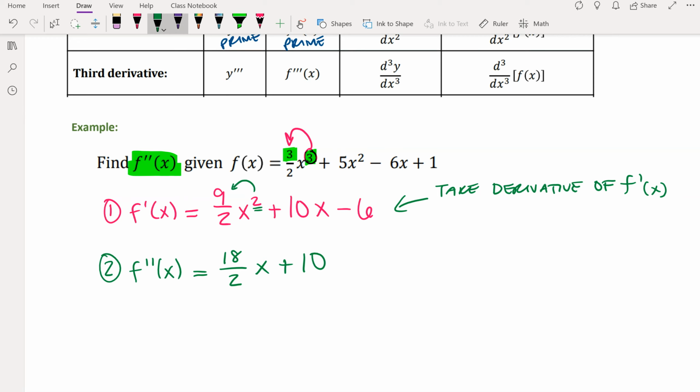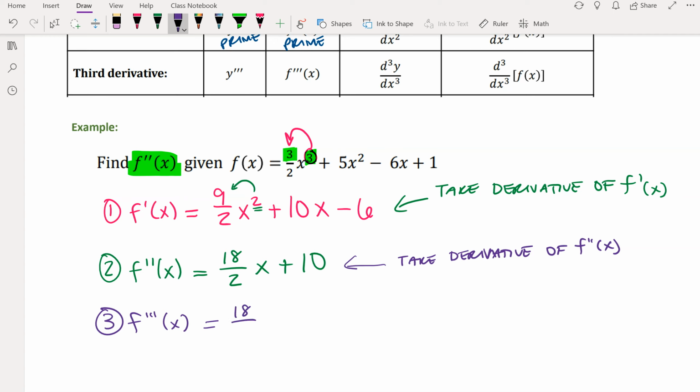What if we wanted to take the third derivative? F triple prime of x. Well, you know what to do. You would just take the derivative of the second derivative. So you get the idea. I just wanted you to know you can take the derivative as many times as you would like to. So if we did this, we would just get 18 over 2.